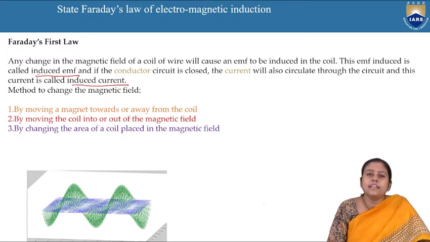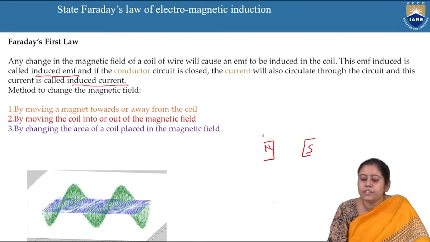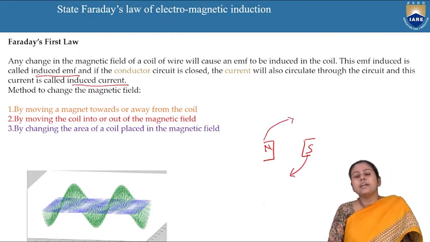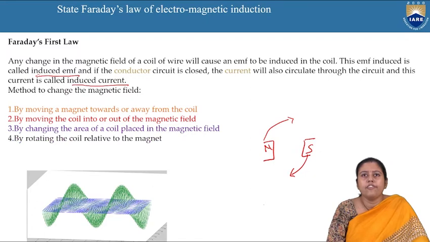If two magnets are here, north and south, and we change the position of the magnet, it will change the cutting of the magnetic flux.